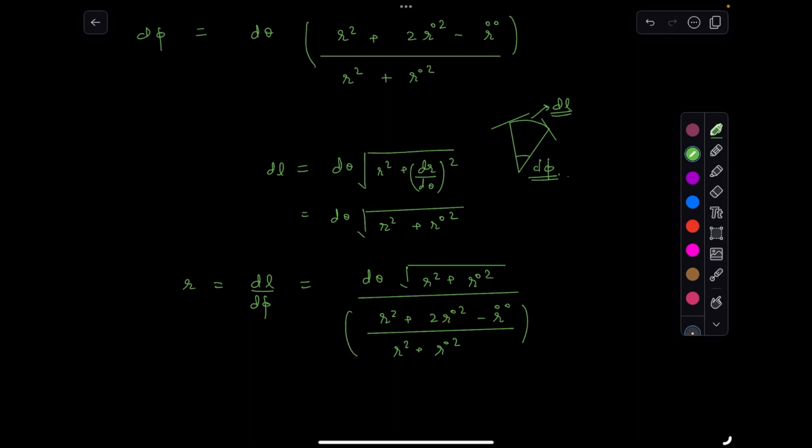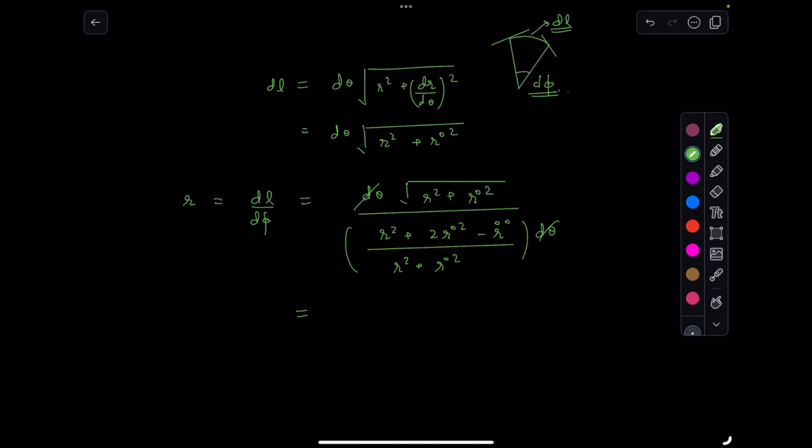So multiplied by d theta, d theta will be cancelled. The expression will become r square plus r dot square to the power 3 by 2 divided by r square plus twice of r dot square minus r double dot.